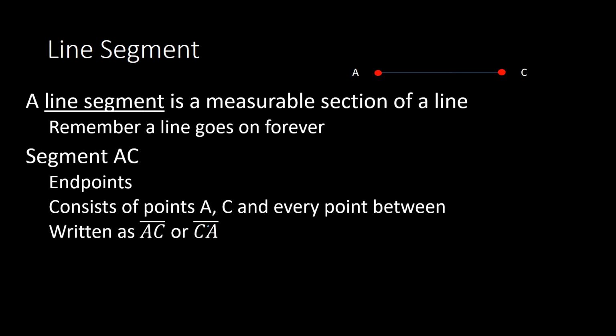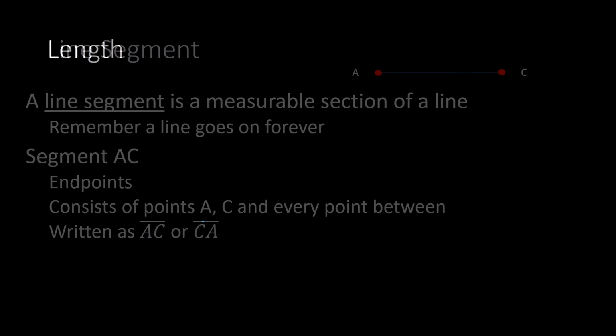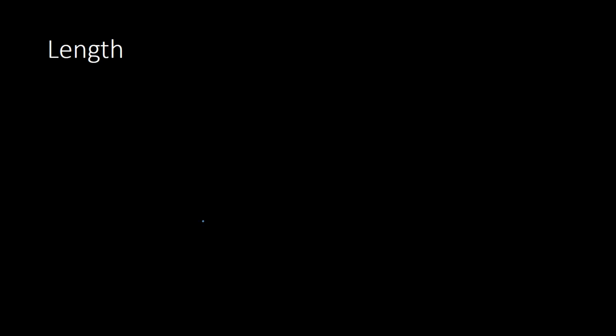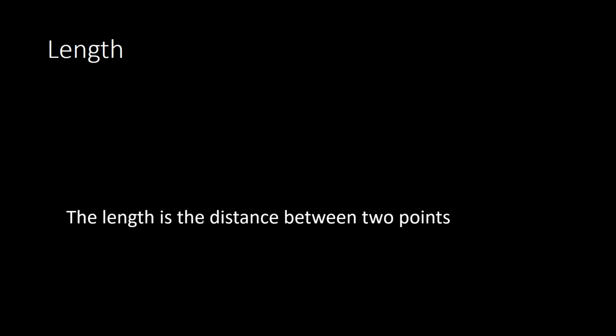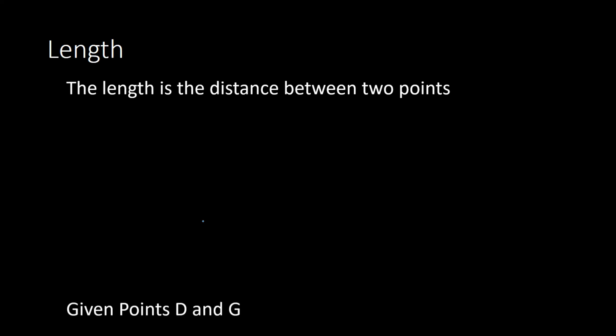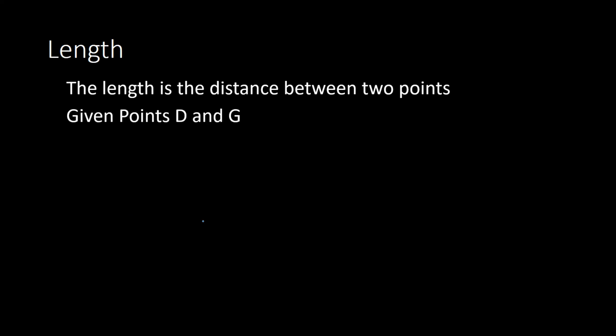Okay, and that's different than a line AC, because a line would have the little arrows above it. So if it's a line AC, it would look like this, whereas a segment just has the segment symbol above it. Now with segments, if we want to know the length between 2 points, so for example, given points D and G, what is the length of segment DG?